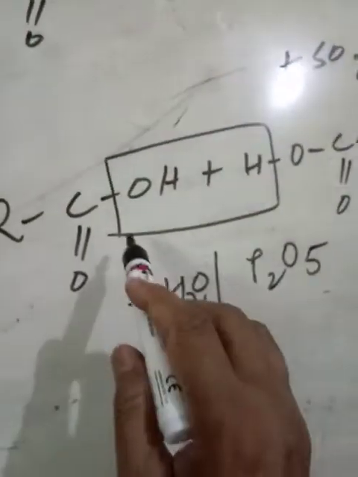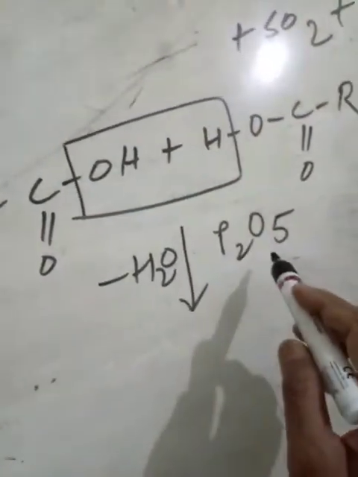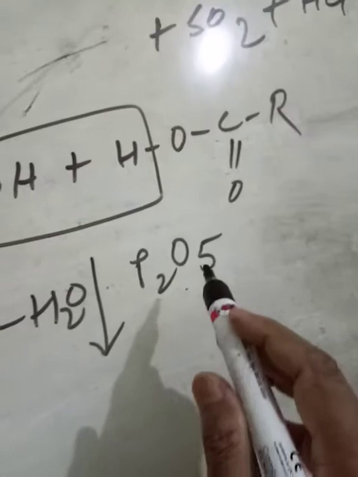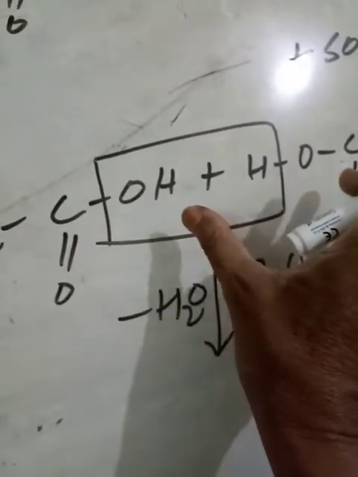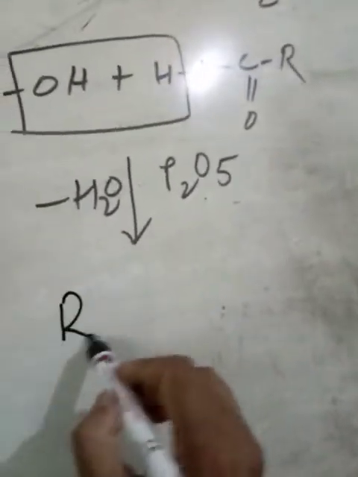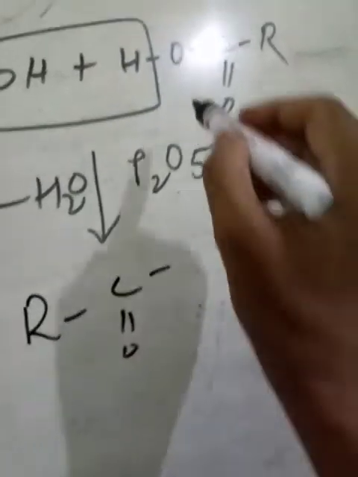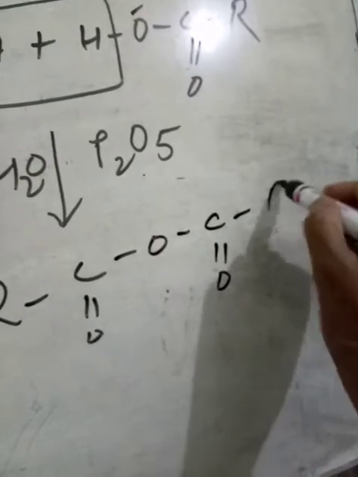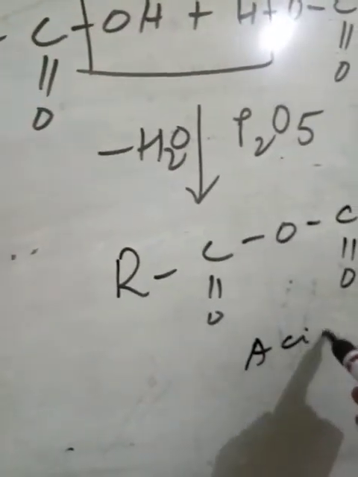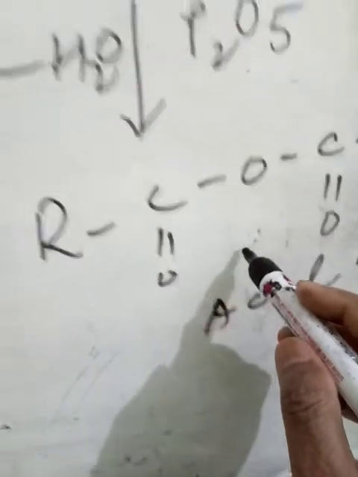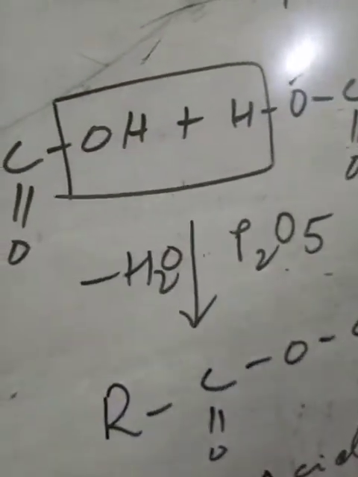So if a carboxylic acid comes in contact with phosphorus pentoxide, two molecules unite, eliminating one molecule of water to form an anhydride, RC double bond O, then this oxygen, then C double bond OR. This is acid anhydride. If we add water to acid anhydride, then you will get acid.